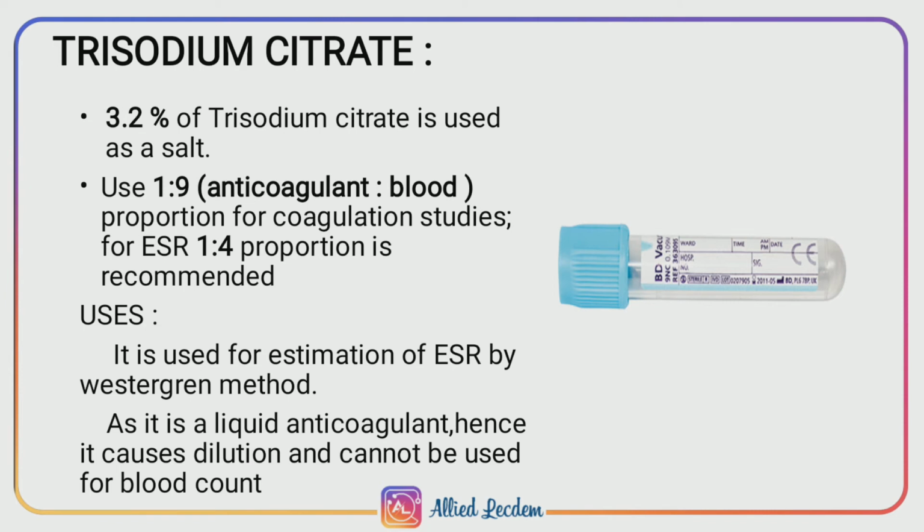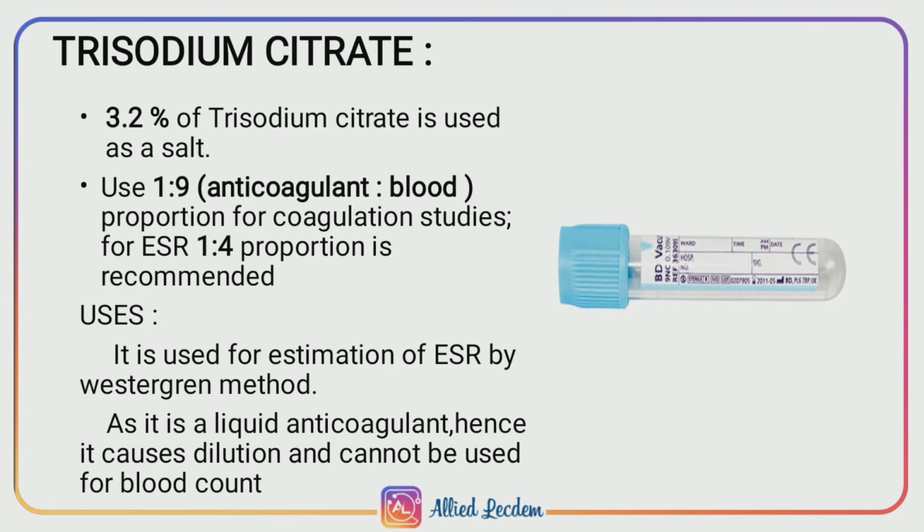And for ESR, 1:4 proportion is always recommended. It is especially used for estimation of erythrocyte sedimentation rate, mainly by Westergren method.